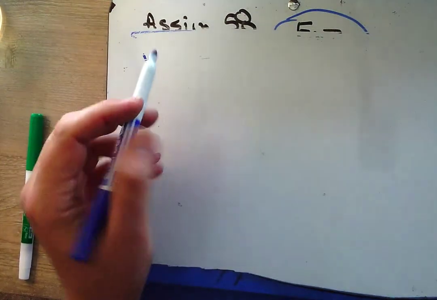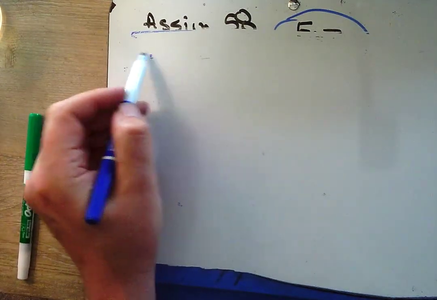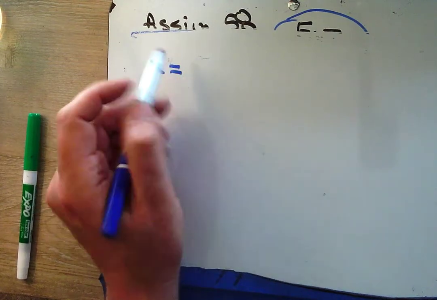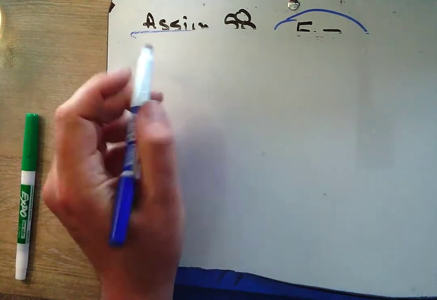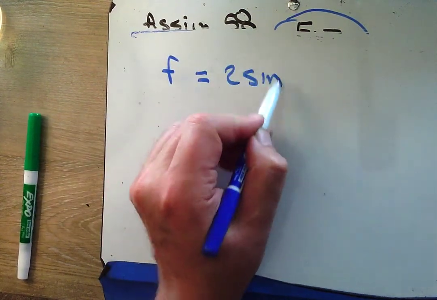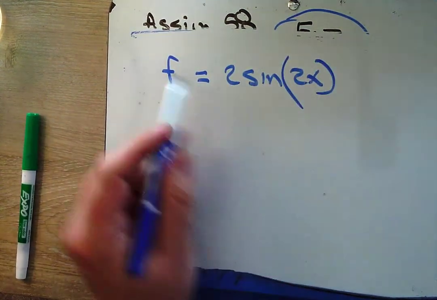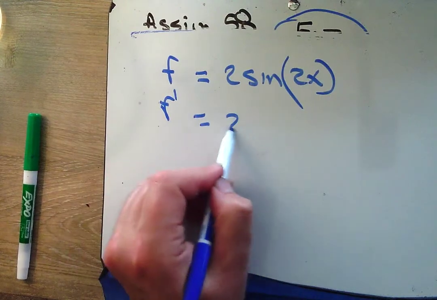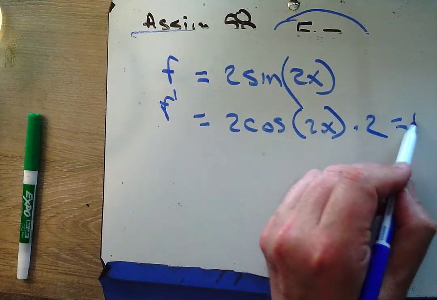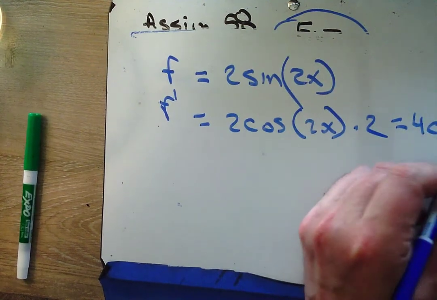Okay? Oh, by the way, with that last one, remember we have to identify the critical points, so let's go back and do it that way. We said that f was 2 sine 2x. So what's f prime? 2 cosine 2x times 2, or 4 cosine 2x.